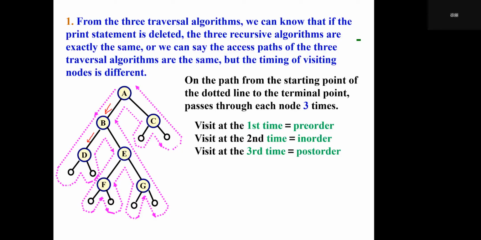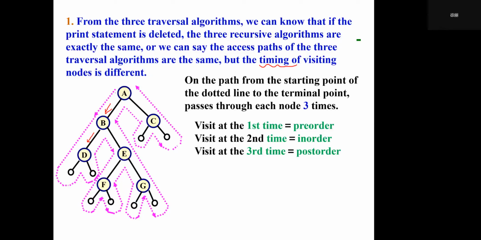If in-order, when the first time we meet A, we can't visit A yet. We go left and left and left. And if the left of D is none, so we can visit D and we go right. So about the timing, we can say the first time we meet the node, we visit. This is pre-order. The second time we meet the node we visit, that is in-order.